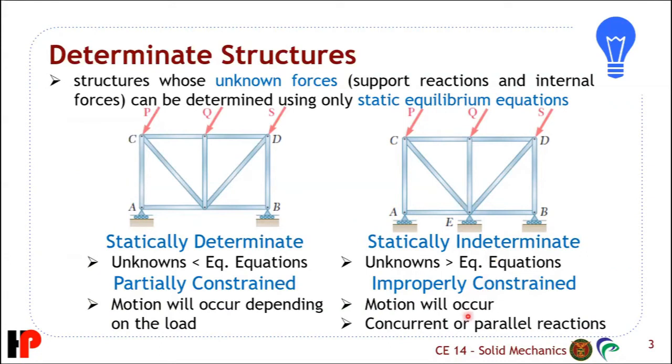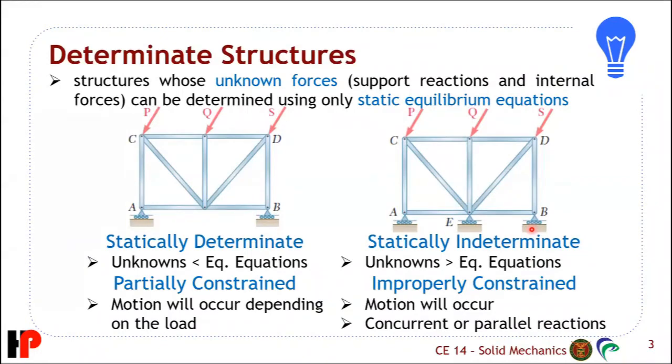Concurrent means they meet at a point. Parallel means parallel lines of action. So this one is a classic example of parallel reactions. All of them are just pointing up or down. So the number is enough, but their arrangement is wrong. That is what improperly constrained means.